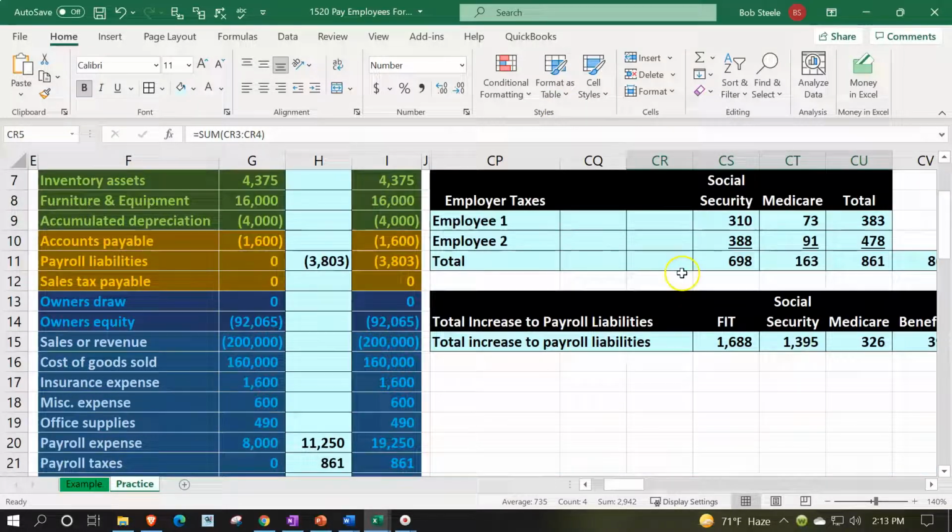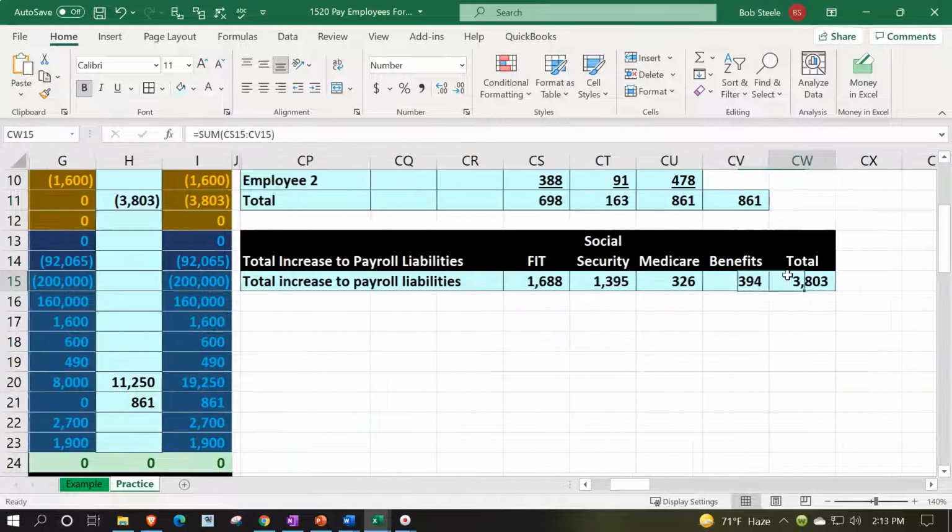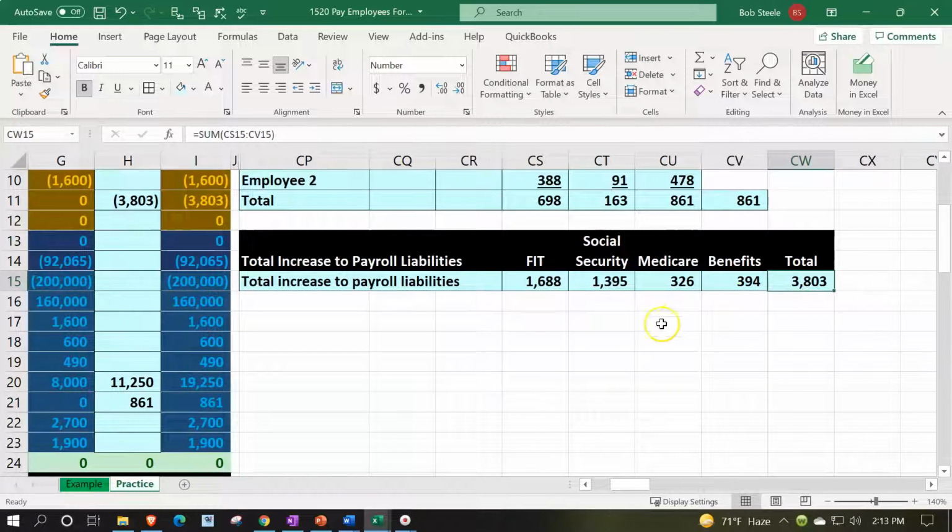And then we had our taxes that we paid. So these are the payroll taxes going up for our taxes over and above, and the total amount of liabilities that are going up for the FIT, Social Security, Medicare, and benefits that have been incurred, which have not yet been paid.